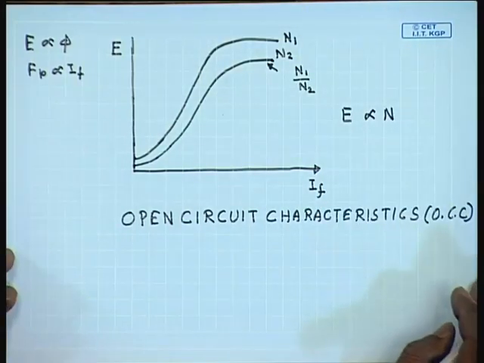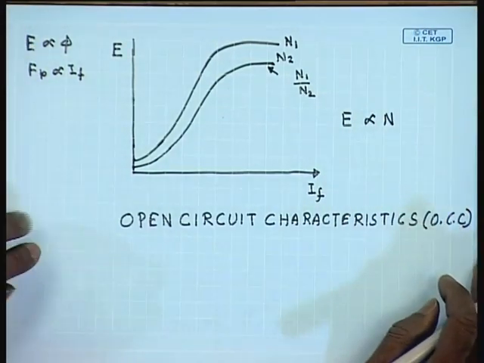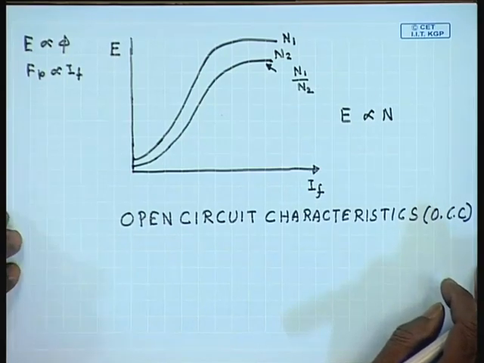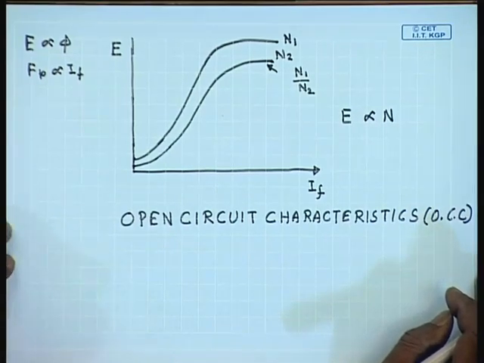It is to be emphasized that during the determination of the OCC, the field winding is excited separately and the armature terminals are kept open. The machine is also operated as a generator at constant speed.